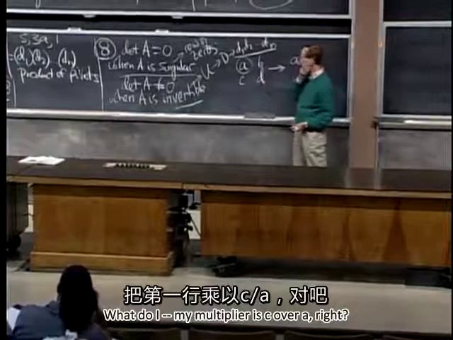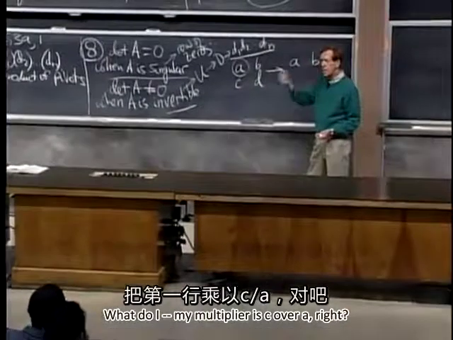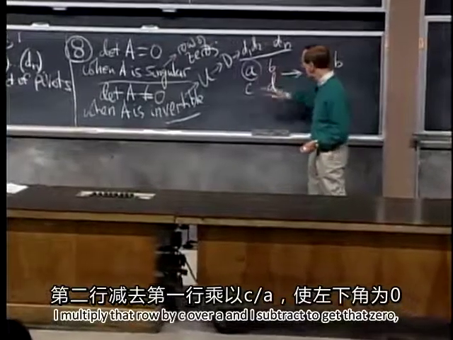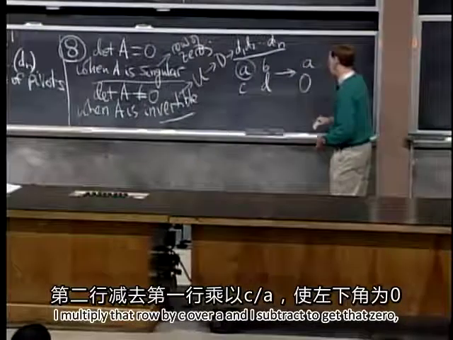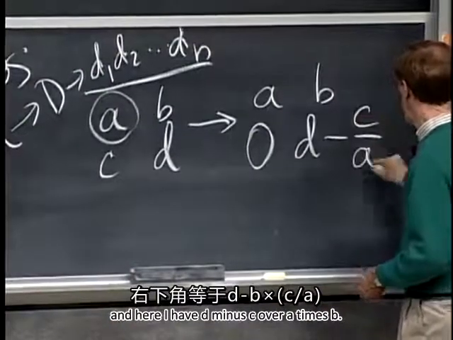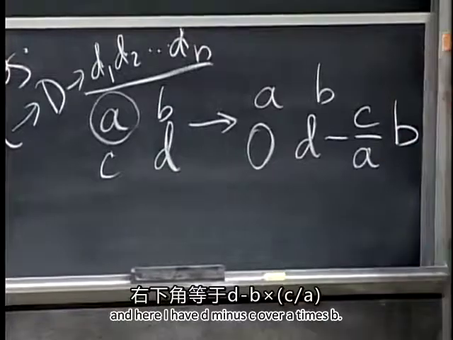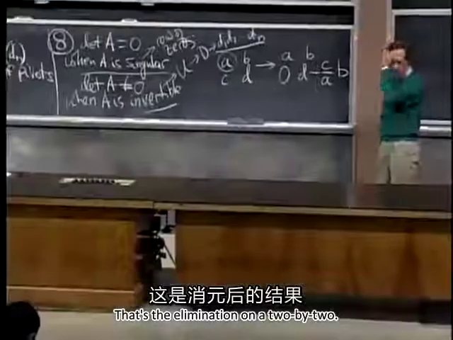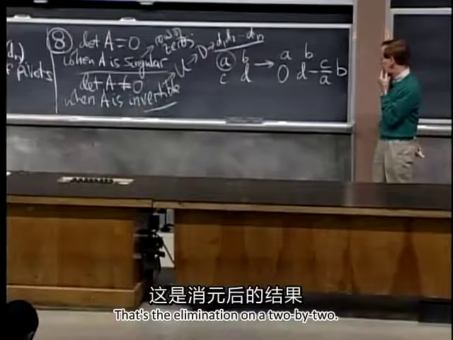My multiplier is C over A, right? I multiply that row by C over A, and I subtract to get that 0. And here I have D minus C over A times B. That's the elimination on a 2 by 2.